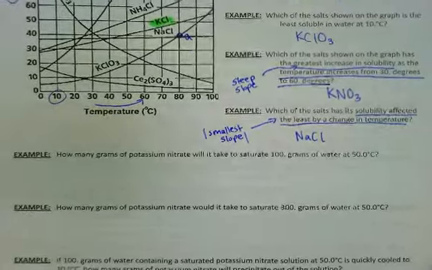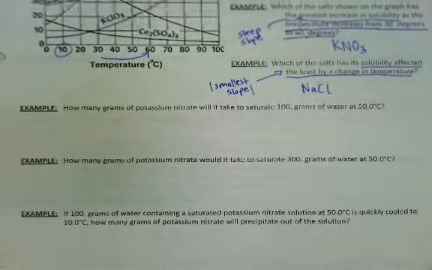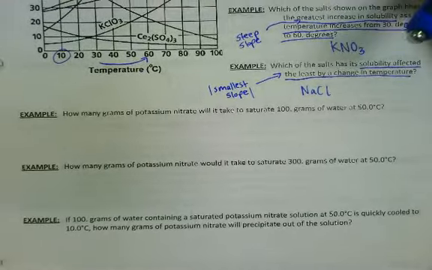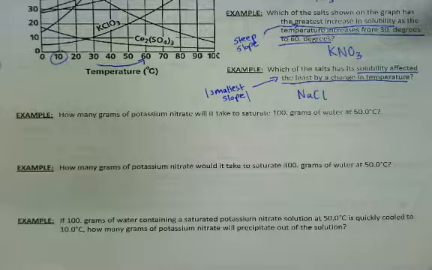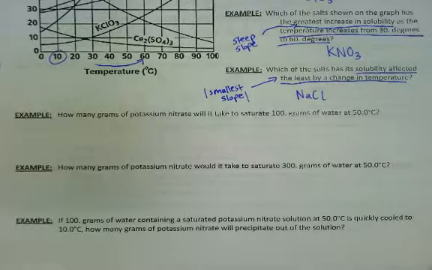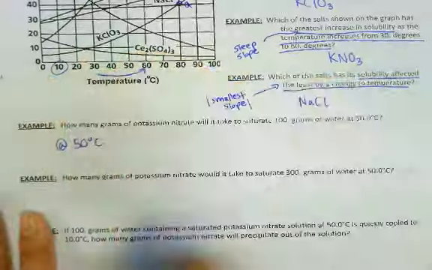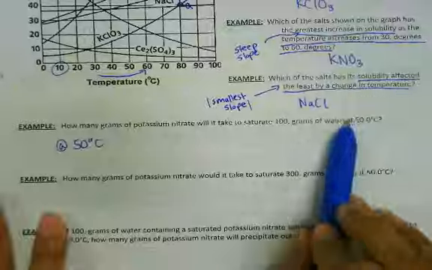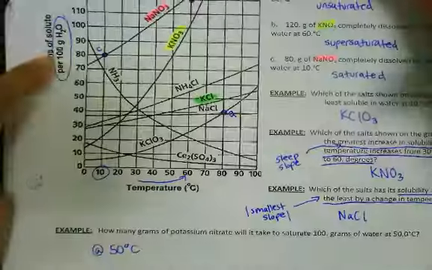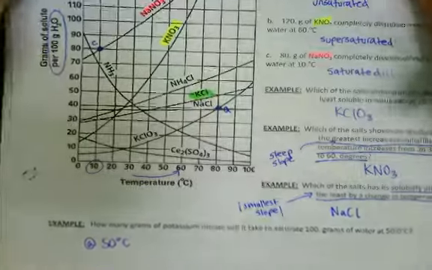Okay, so our next couple of examples are going to deal with, again, still reading this chart. The first example asks us, how many grams of potassium nitrate will it take to saturate 100 grams of water at 50 degrees Celsius? Okay, so how you could figure this out, y'all, is you want to go to your chart at 50 degrees Celsius. We know that this is a per 100 grams of water chart.